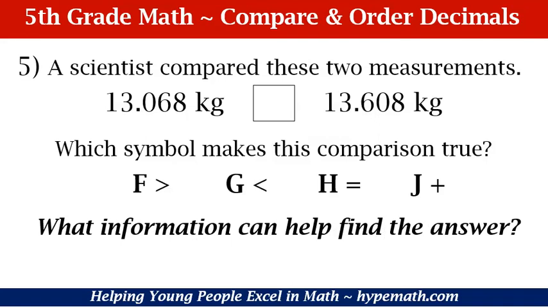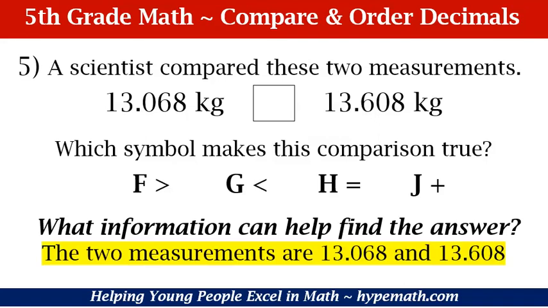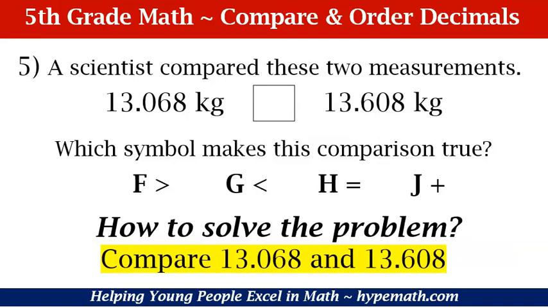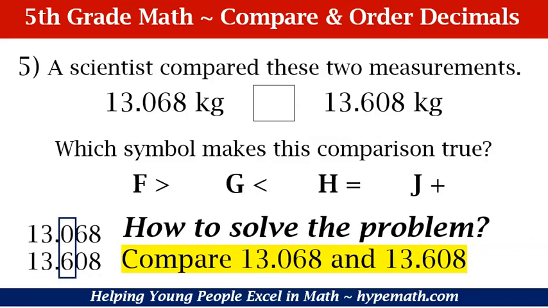What information can help us find the answer? The information we need is the two measurements, 13.068 and 13.608. How do we solve the problem? In order for us to solve the problem, we need to compare the 13.068 and the 13.608, okay?